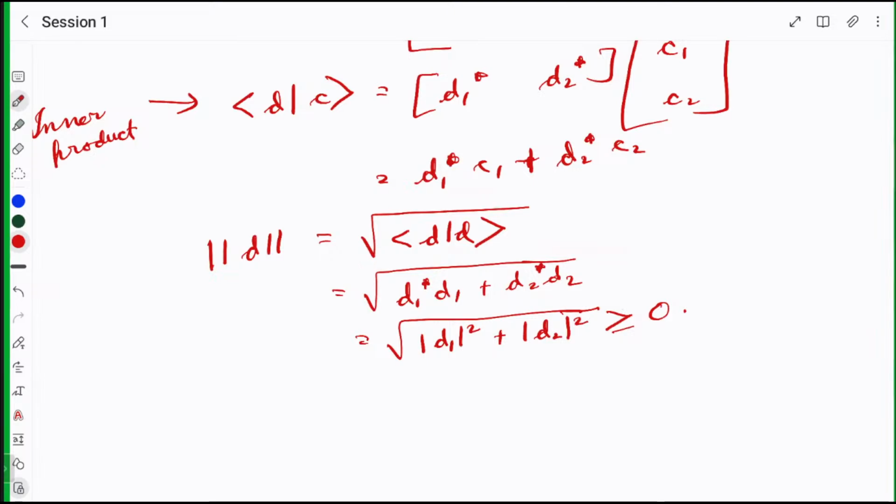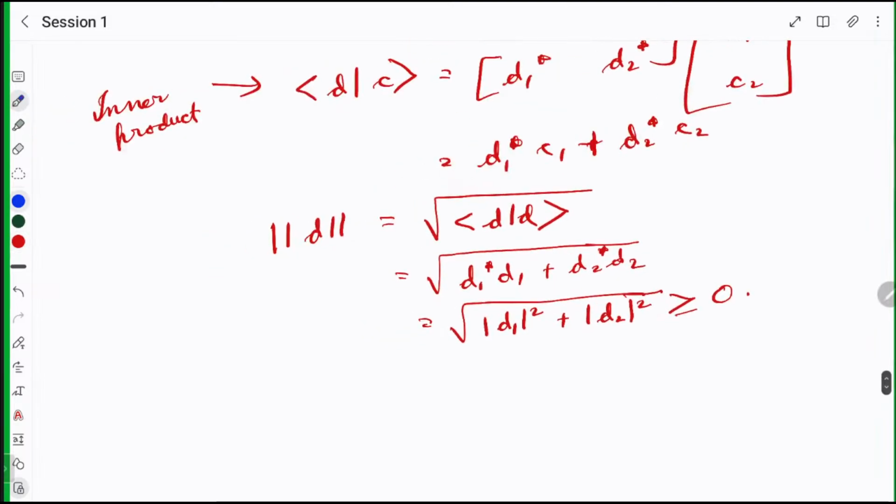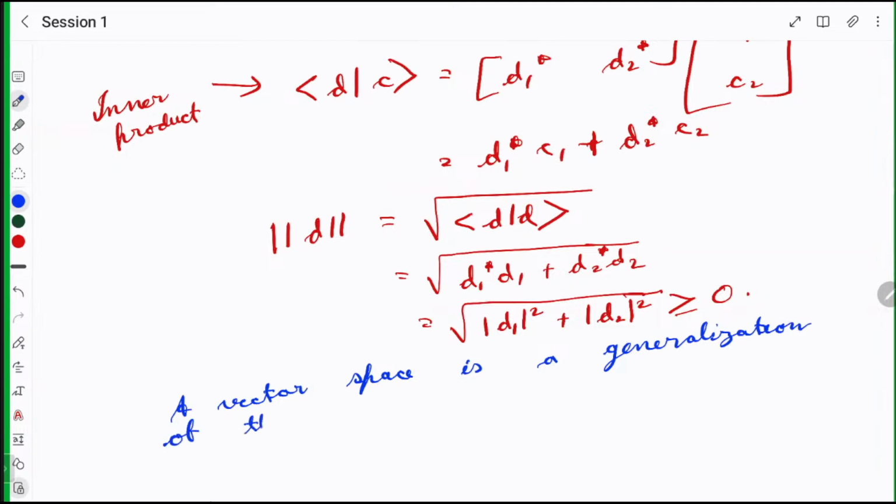And basically, in very simple words, if I have to define a vector space, a vector space is just a generalization of the real space, but notice that it can't be any generalization.